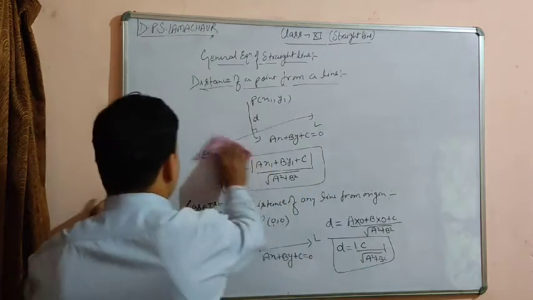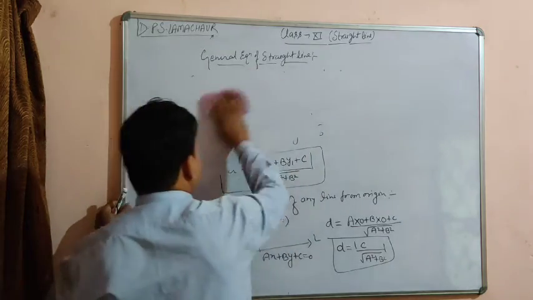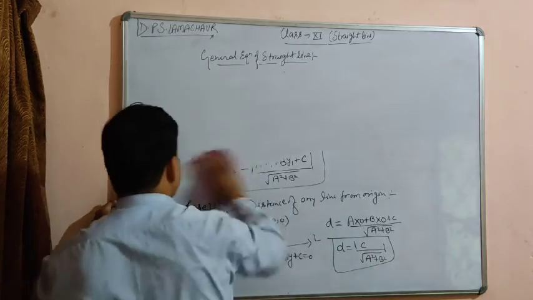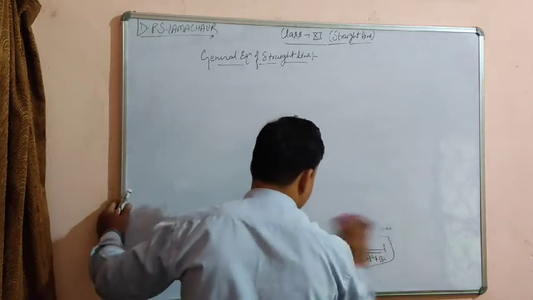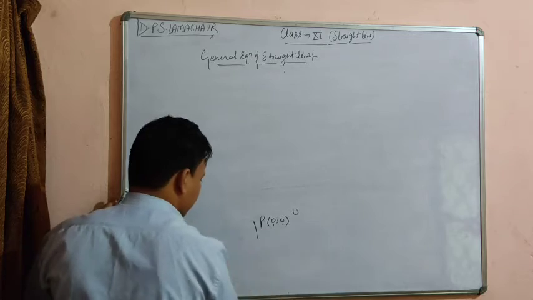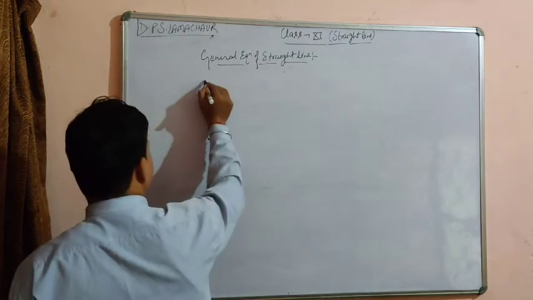Now the next concept is the distance between any two parallel lines. This is the last concept of this particular chapter. After that we will discuss some questions. So, distance between two parallel lines.